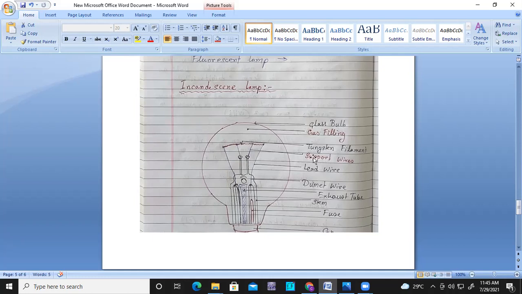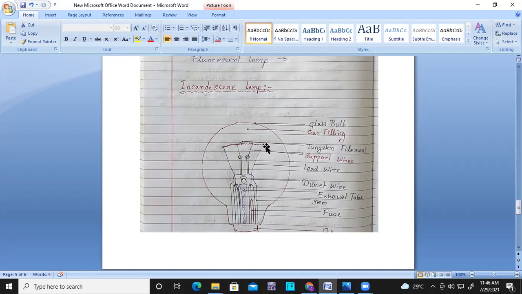It is used for illumination purposes in practice, but the efficiency of the incandescent lamp is very low. But as it is very easy to use and the cost is low, that is why all over the world this type of incandescent lamp was used very much up to before 2000 and 2010.